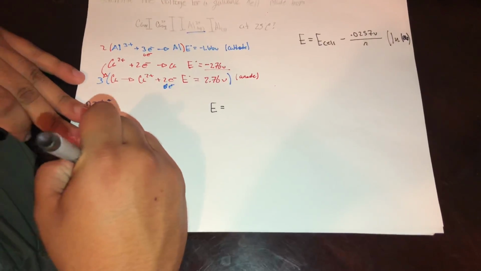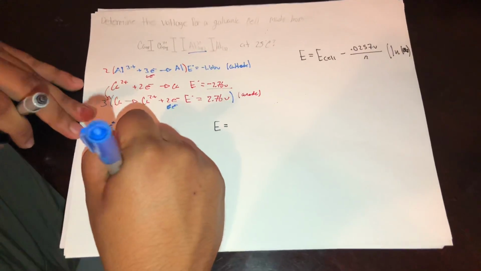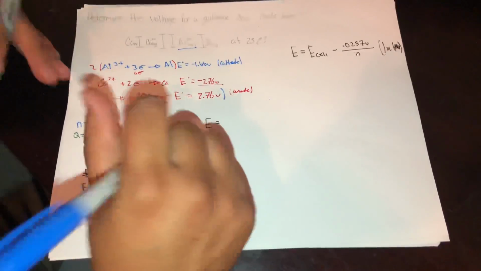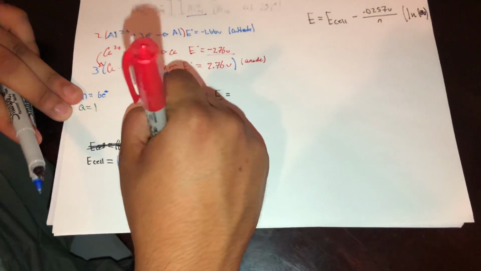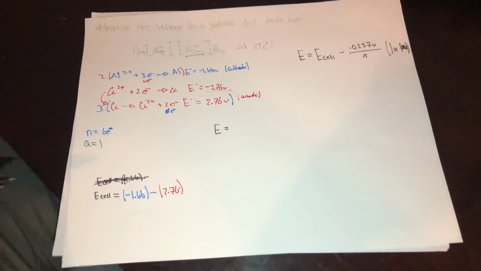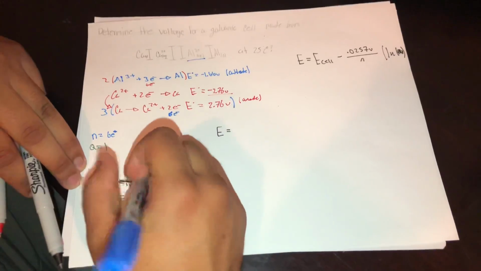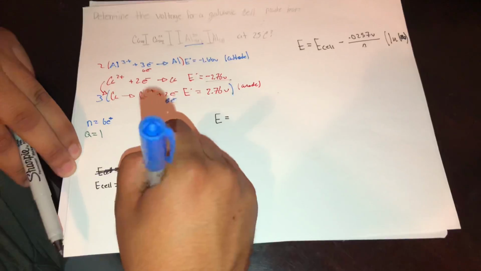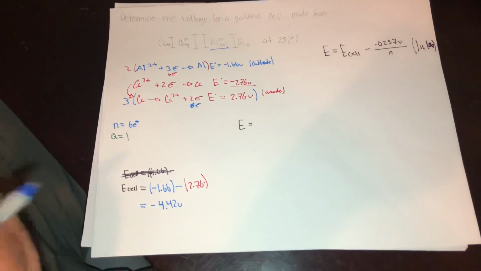E cell equals negative 1.66 minus your anode, which is 2.76, and once you subtract them from each other, it should equal negative 4.42 volts.